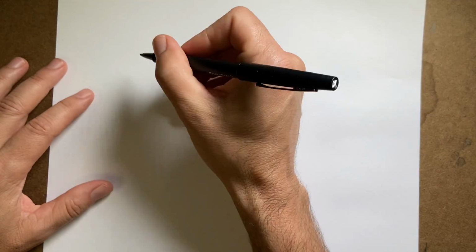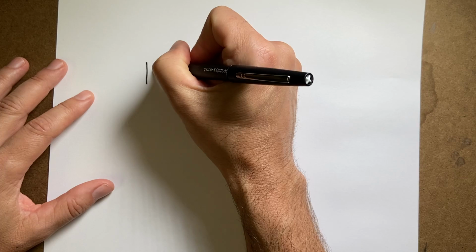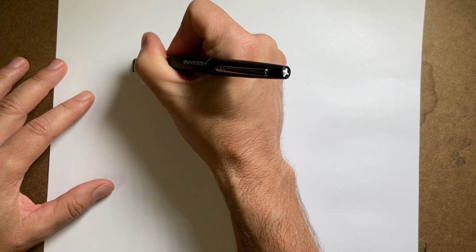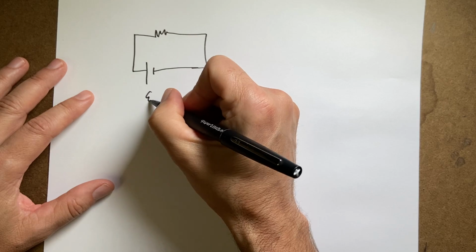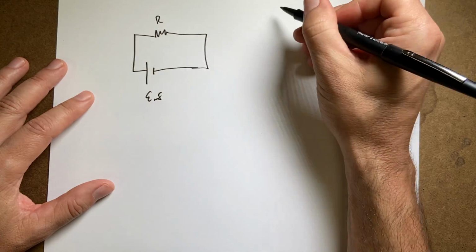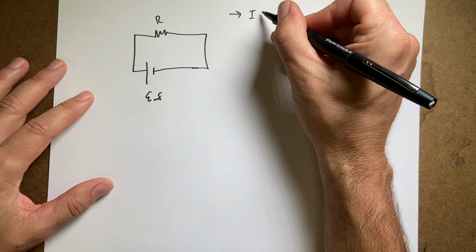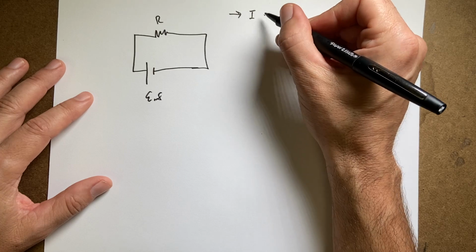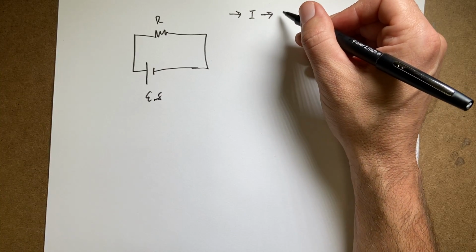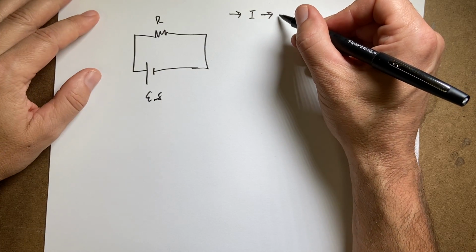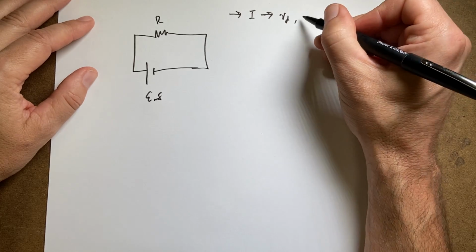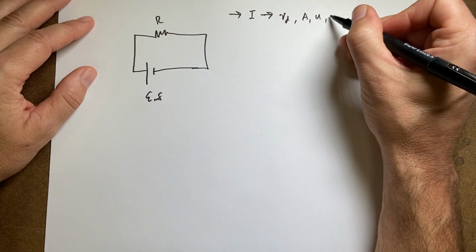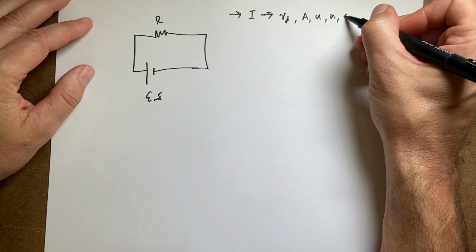Okay, circuits. There's a battery, a resistor, EMF, R. You should know current, I, and what it depends on. It depends on a whole bunch of stuff: the drift velocity, the cross-sectional area, the electron mobility, the electron carrier density, and the electron charge.